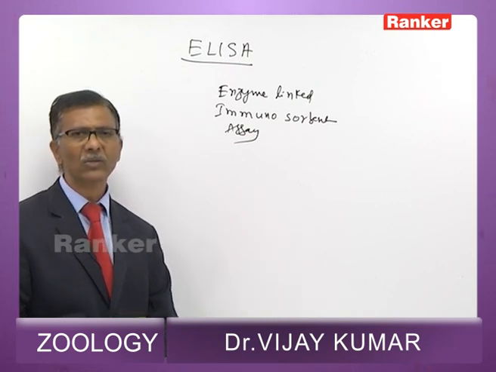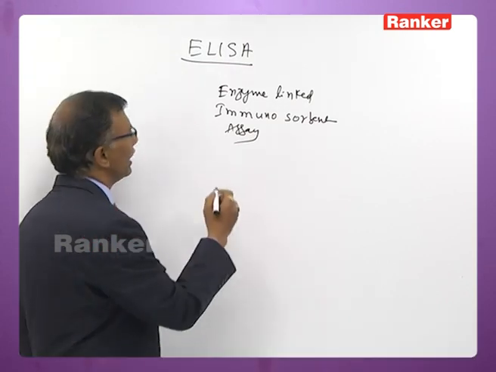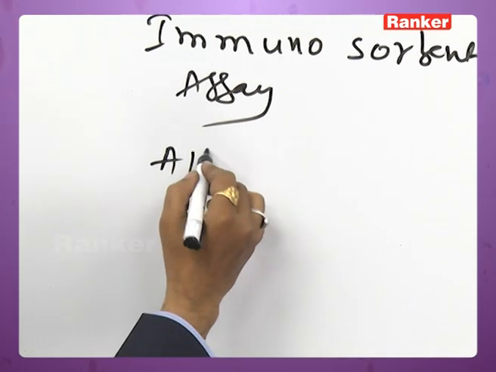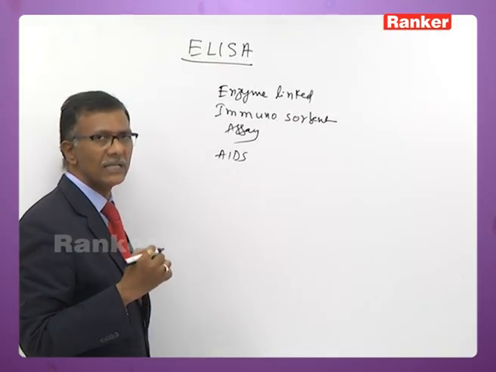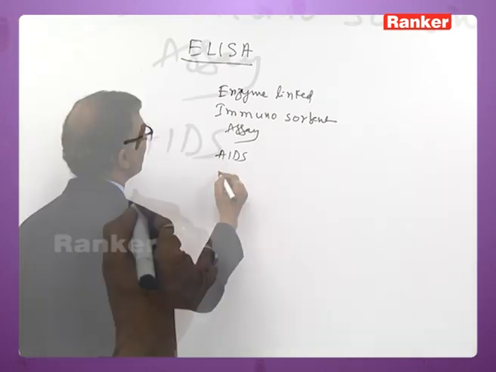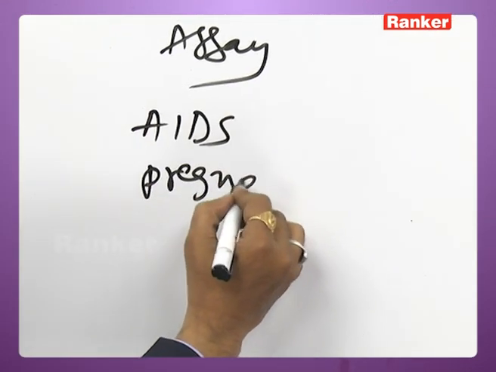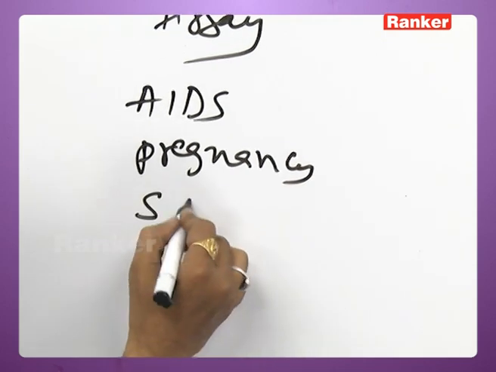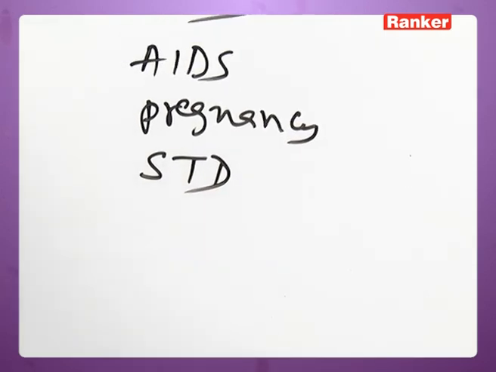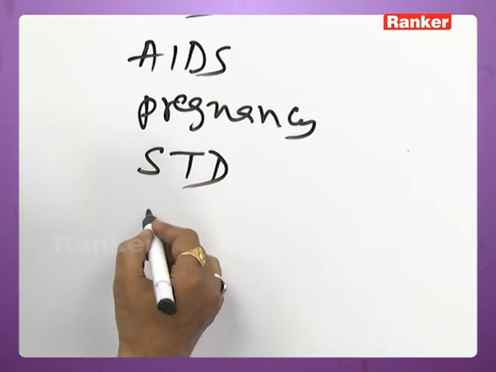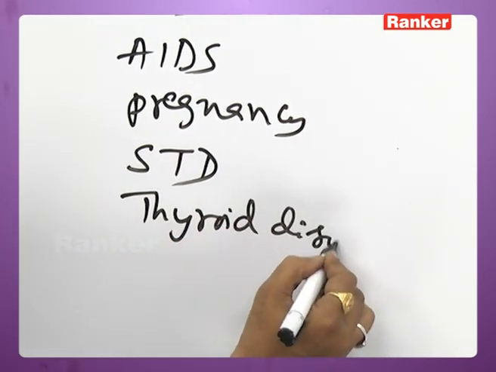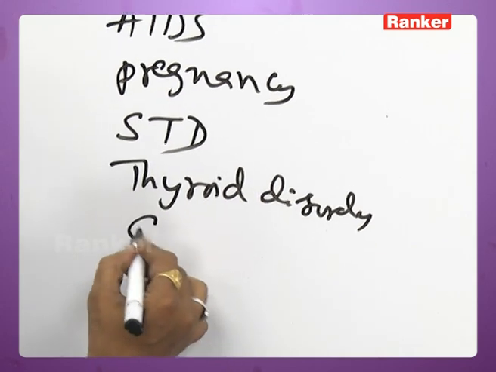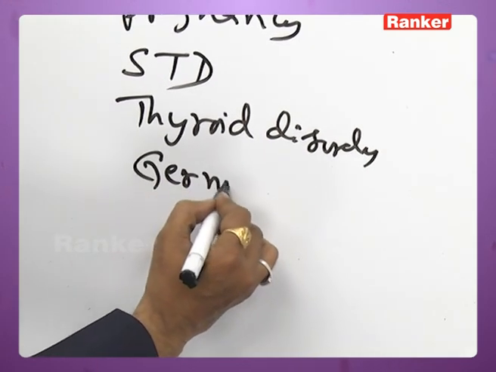It is a diagnostic procedure mostly used to identify AIDS. Apart from this, it is also used as a procedural method to identify pregnancy, STD disorders, sexually transmitted disorders, thyroid disorders, measles, German measles, which is also called.